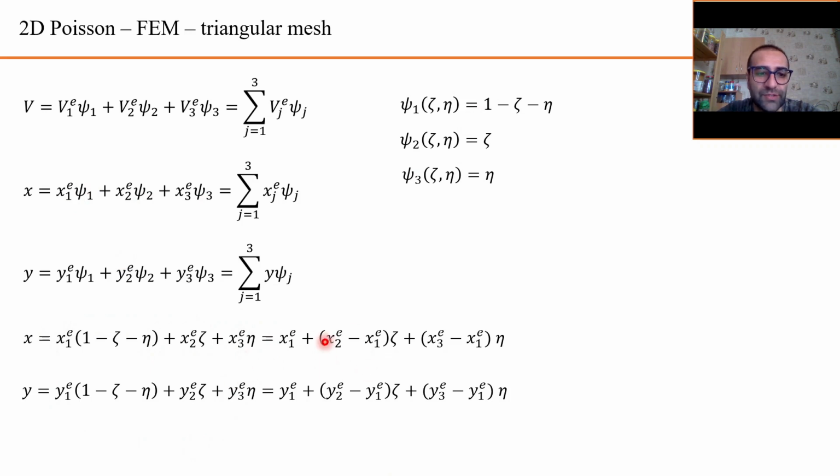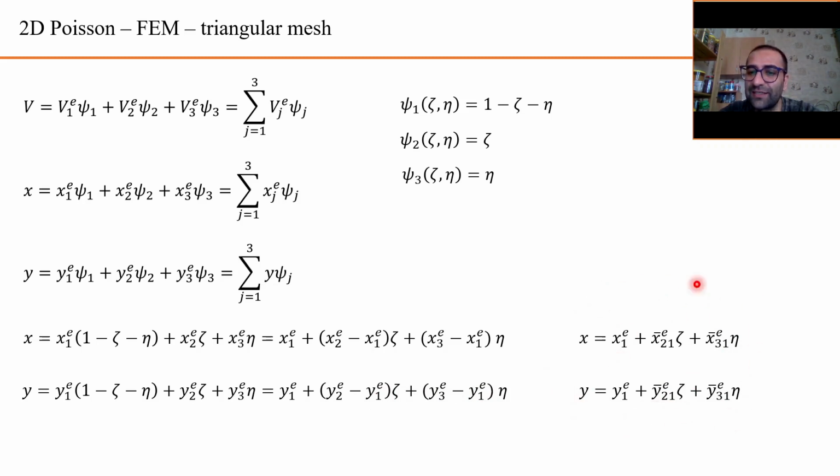After simplifying and gathering the common terms, where here we have zeta and here eta, we get such an equation, and we define x2 minus x1 as x21 bar, x3 minus x1 as x31 bar, y2 minus y1 as y21 bar, and y3 minus y1 as y31 bar.